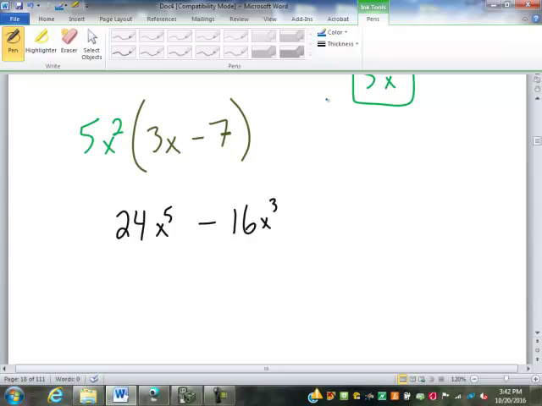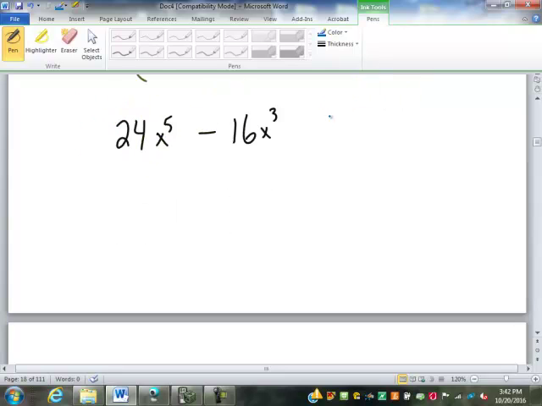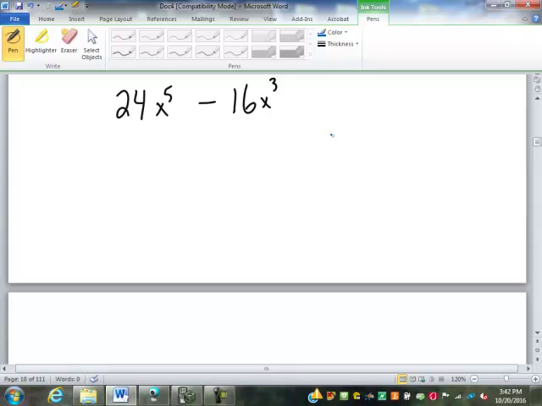What is the largest number that will divide into both 24 and 16? 2 will divide into them, 4 will divide into them, 8 will divide into them. Is there anything bigger than 8? 8 is it. 8 is the biggest number. So 8 is the greatest common factor for the 24 and 16.